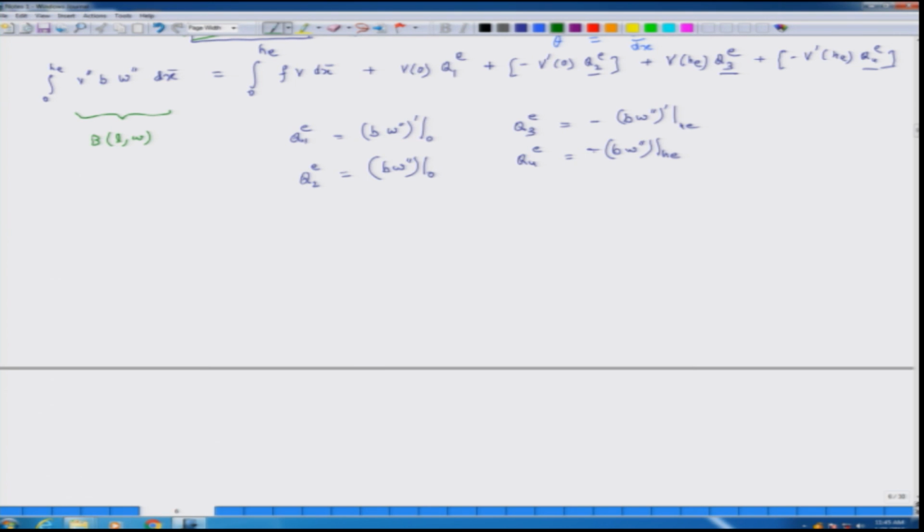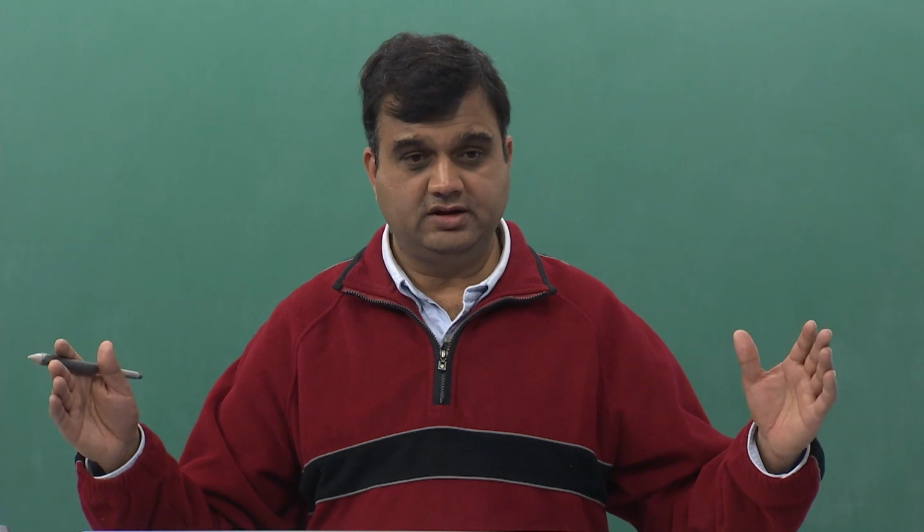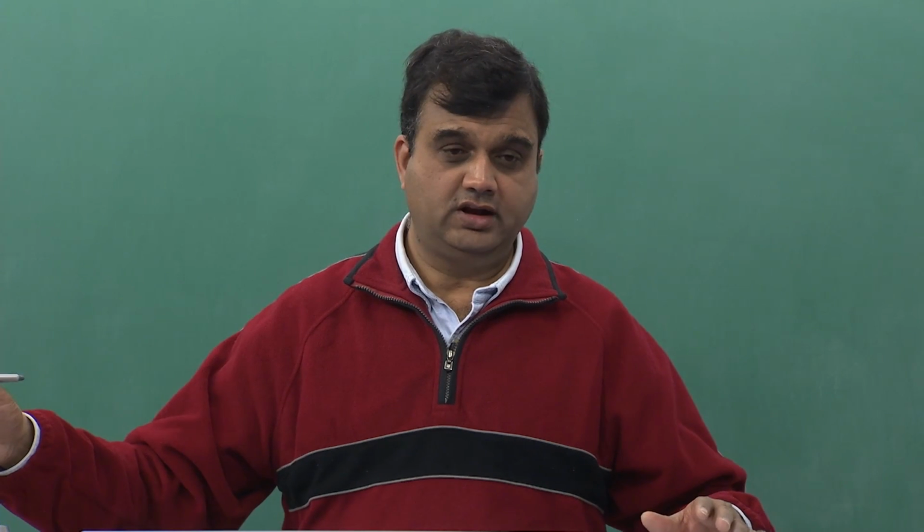All these terms on the right, this is a linear functional and it is dependent on V. So, this again brings us to our standard form which we had developed earlier, where B of a bilinear symmetric functional was equal to a linear functional.